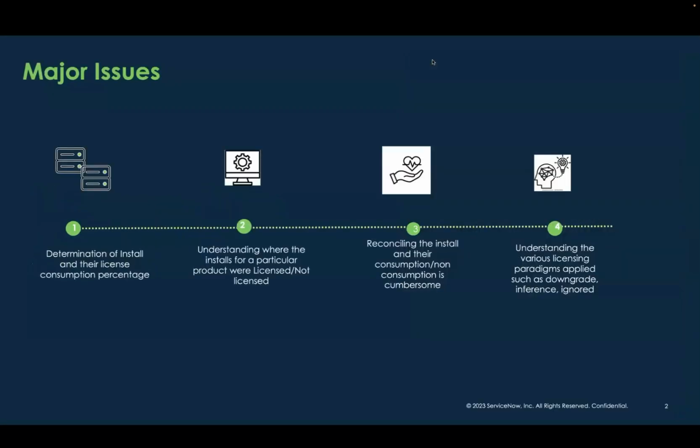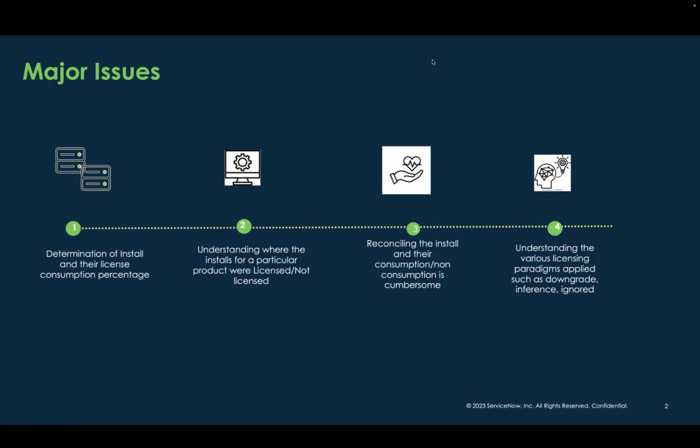So the major issues that SAM Pro is solving with this feature are the following. SAM managers struggle to determine the install as well as the license consumption percentage. So if there are Windows Server installs, how many installs were actually consumed or licensed? They want to understand where the installs of a particular product are licensed.